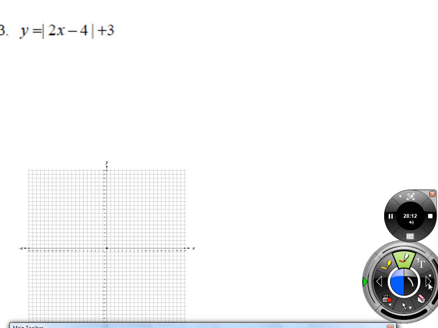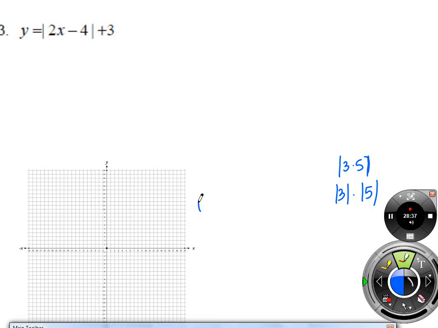We're going to learn how to deal with it when it's inside without taking it out, but not for absolute value functions. We treat them a little simpler because they can all easily be written in another form, and here's why. The absolute value of 3 times 5 is the same thing as the absolute value of 3 times the absolute value of 5. That's not true for everything. That's true for absolute value, so I can use that idea here.